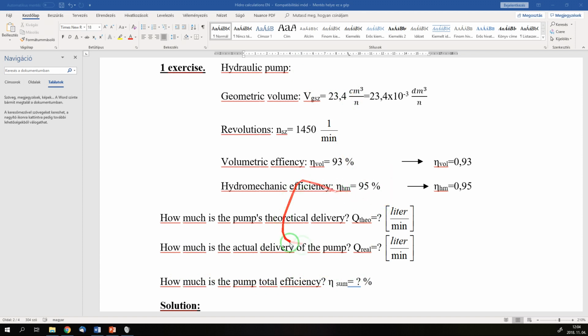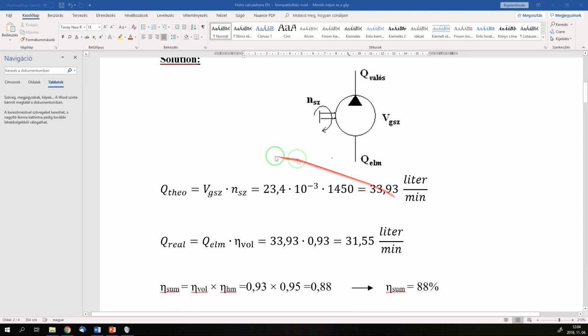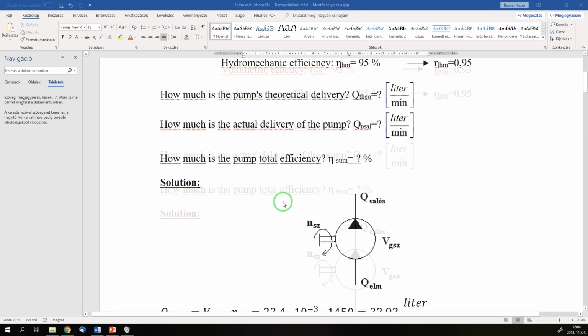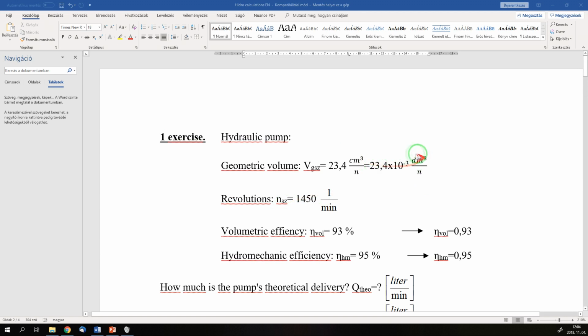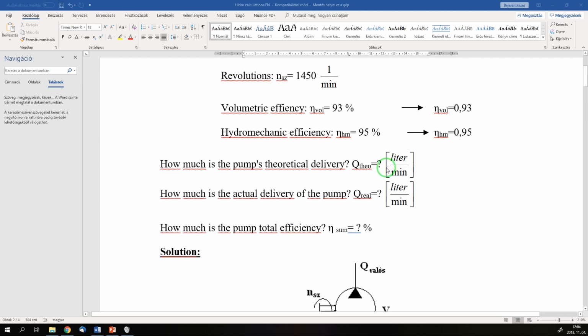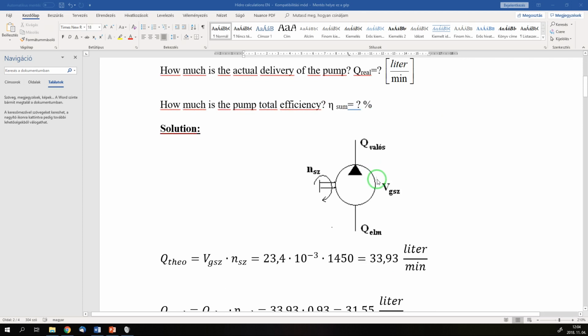Okay, so we have three questions here. The solution is fairly simple. The theoretical flow rate is calculated by this, as we covered, and I converted the VG to cubic decimeters, because 1 cubic decimeter is 1 liter, so it's much easier to use that.